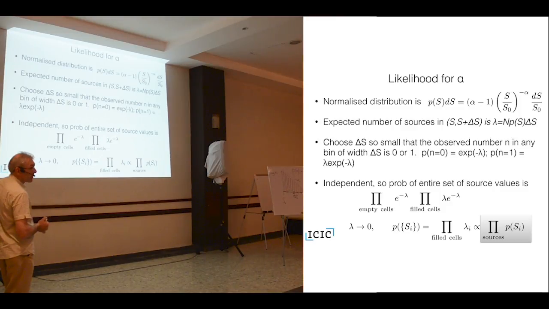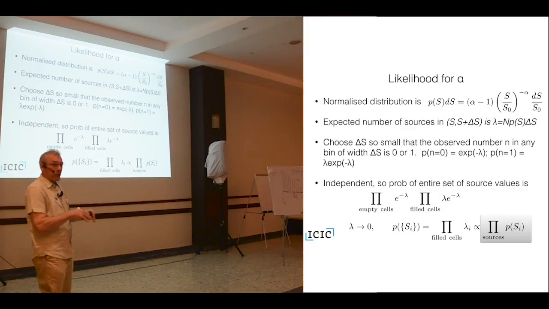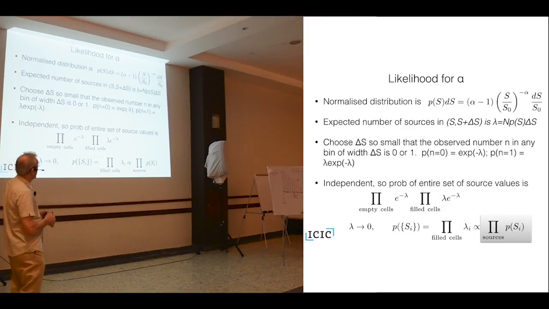To leading order this is just 1, so this term goes away, and we are left with this product, where the e to the minus lambda again approaches unity, so we just take the lambda for each of the sources. That gives us the probability for any continuous distribution of objects, of getting the data set given the parameters of the model.